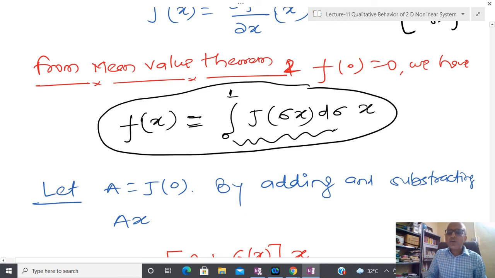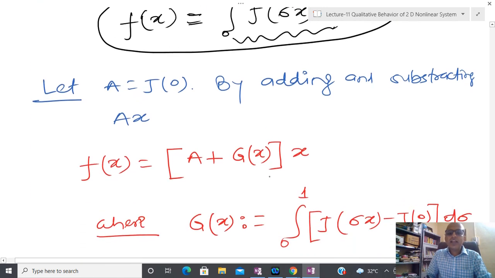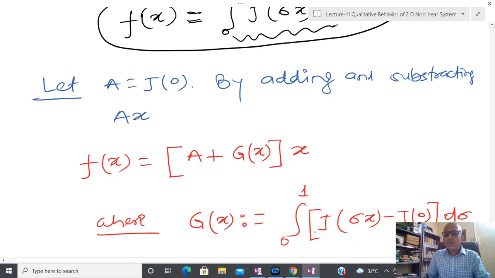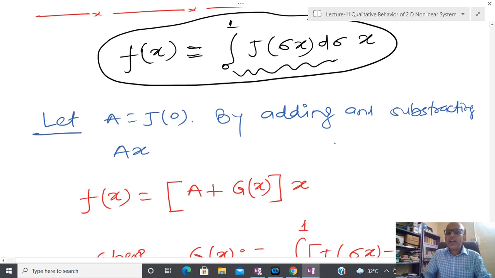What I am going to do now is add and subtract the Jacobian matrix. I have defined g(x) as the quantity I received from here, and after that I substitute the Jacobian about the origin, A equal to the Jacobian at 0.